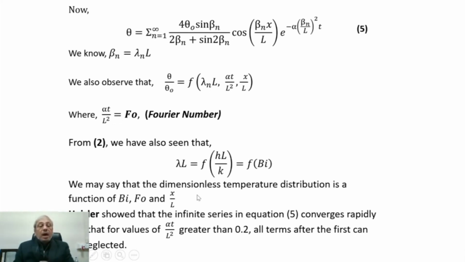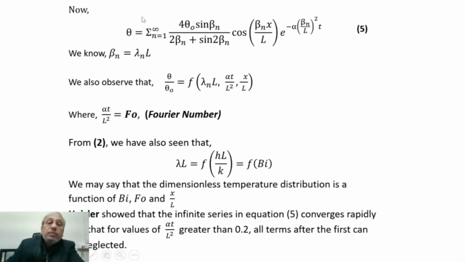Now, Heisler, another heat transfer scientist, showed that this finite series given by equation 5 converges rapidly, and that for values of alpha t by L square greater than 0.2, all terms after the first can be neglected.